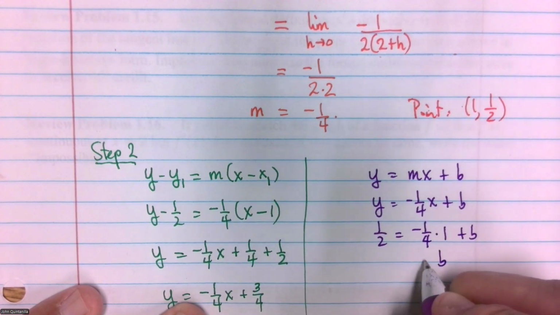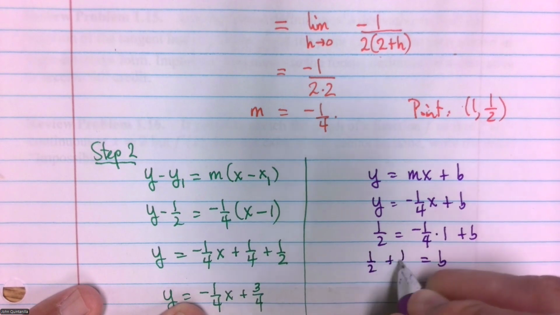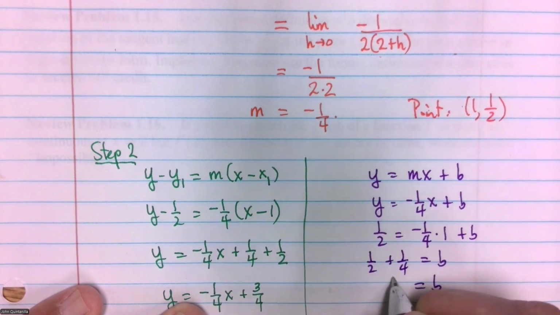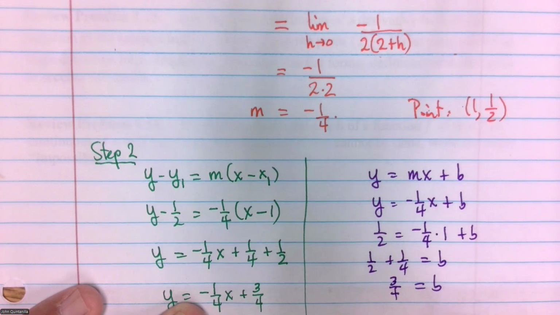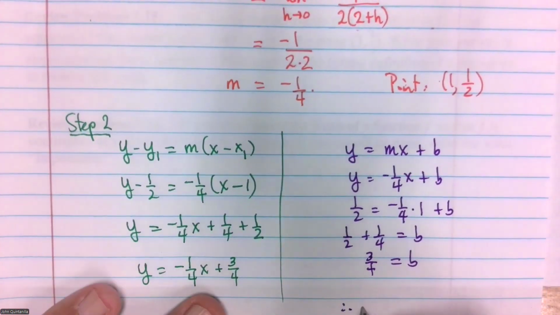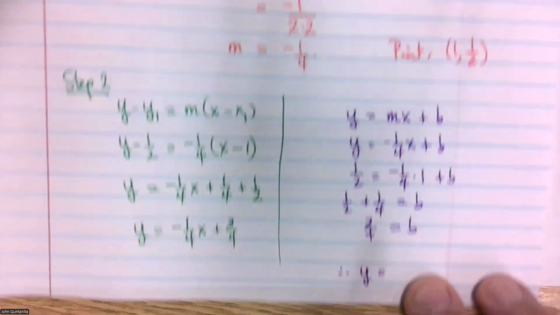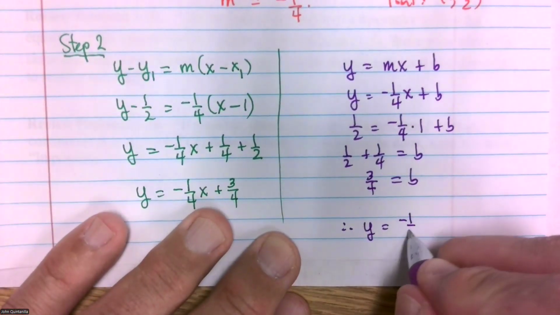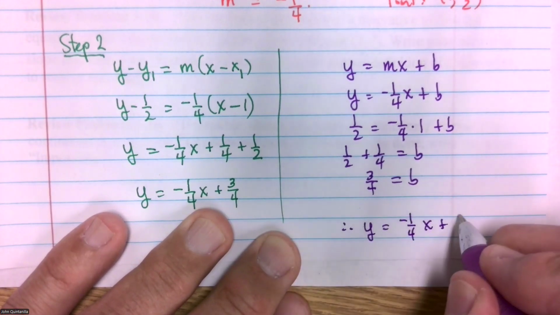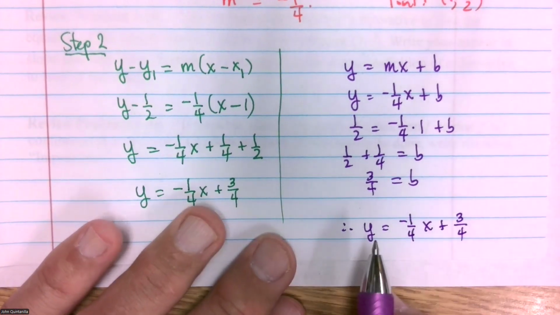And so I get that b is equal to 1/2 plus 1/4, so that b is equal to 3/4. And so therefore, my equation of the line will be y is equal to -1/4 x plus the b that I just found, which is 3/4. So same answer as before.